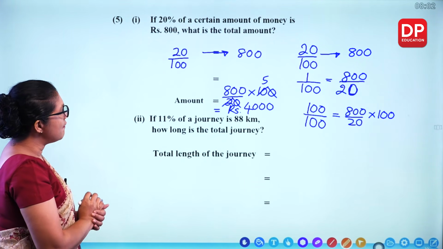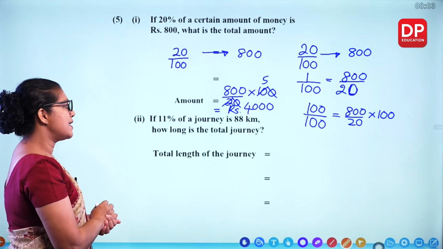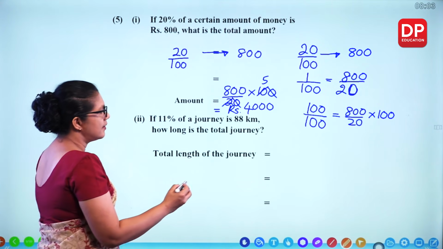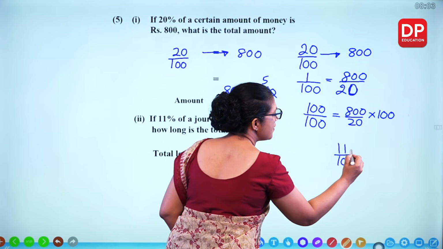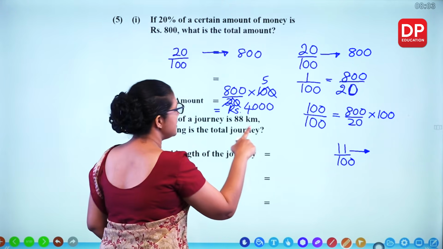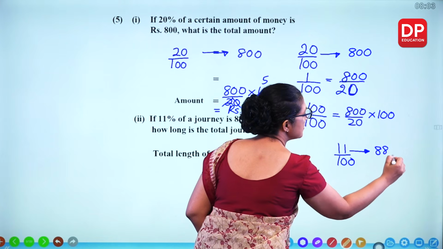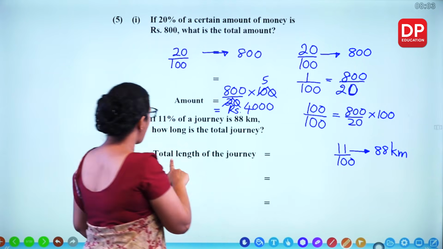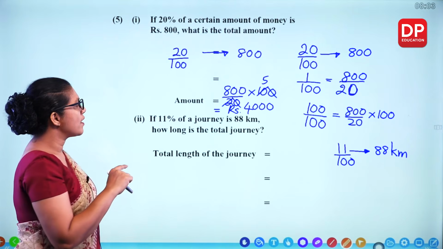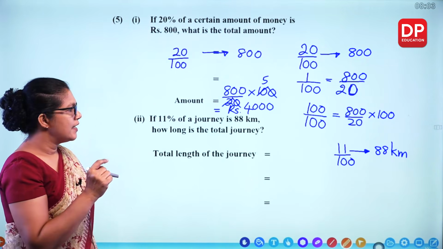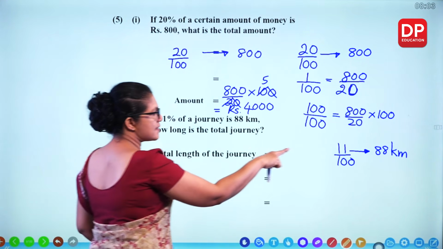This one, 11% of a journey is 88. So 11% means 11 out of 100 means 88 kilometers. You are asked to find out the total length of the journey. How long is the total journey? So 11 parts is this much.